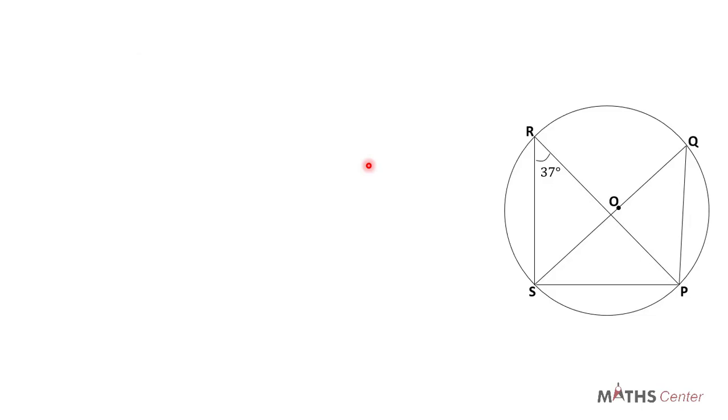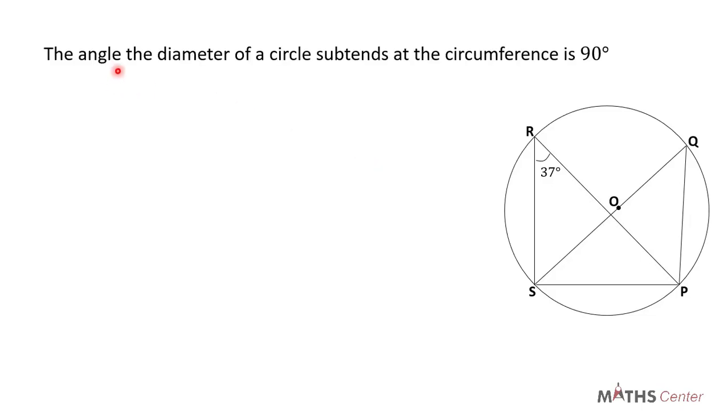We know that in a circle, the angle the diameter of the circle subtends at the circumference is 90 degrees. This is one of the theorems of a circle.